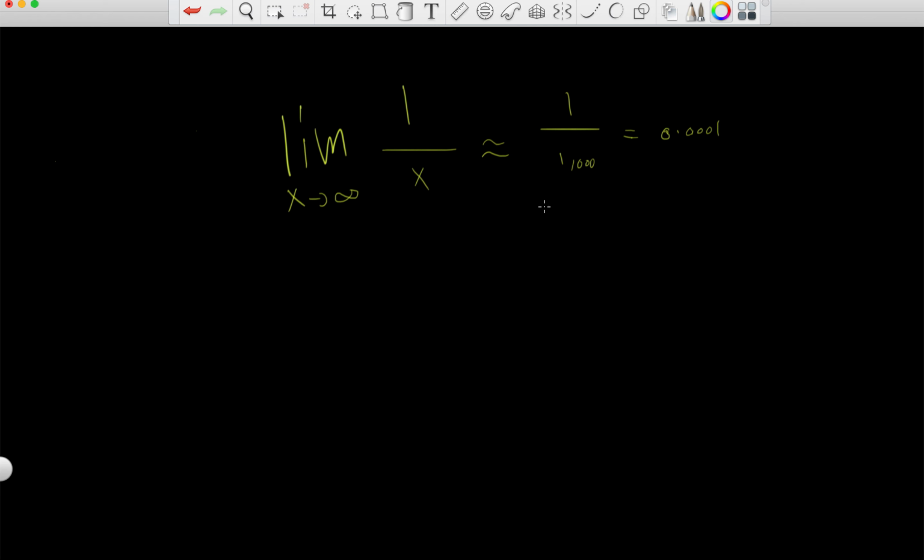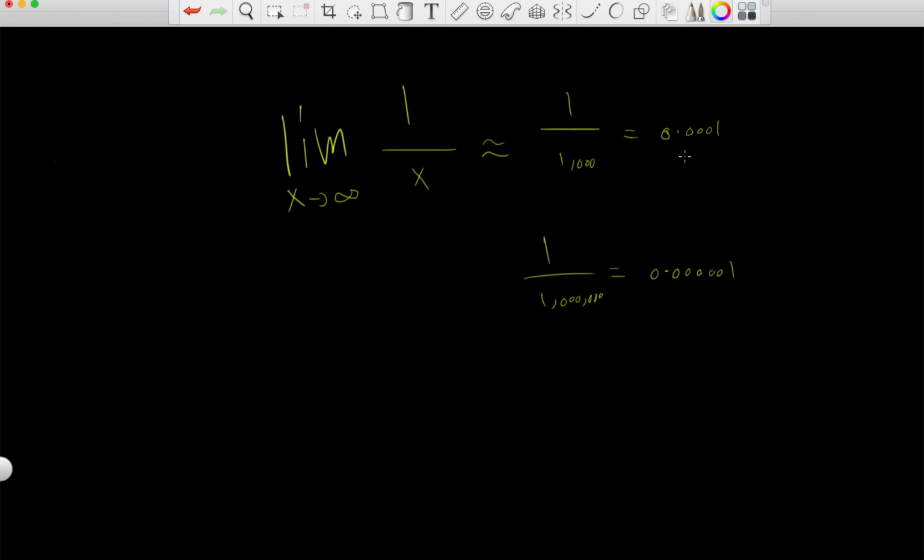Okay, let's plug in some larger number. Let's plug in 1 million. 1 over 1 million is equal to 0.000001.